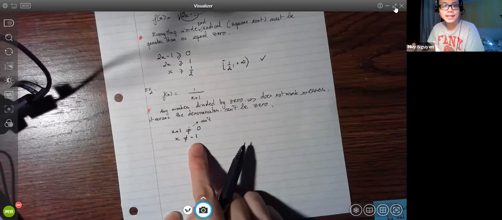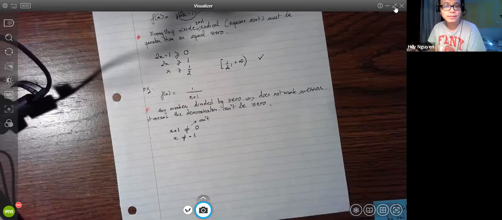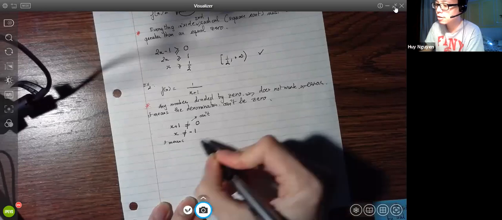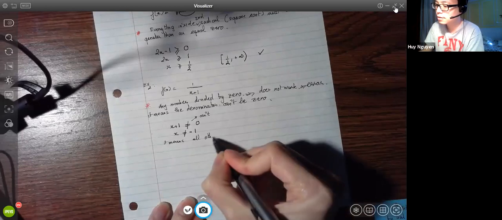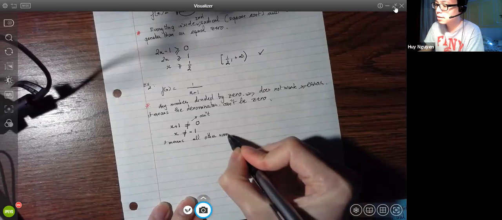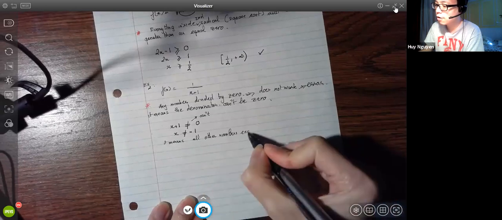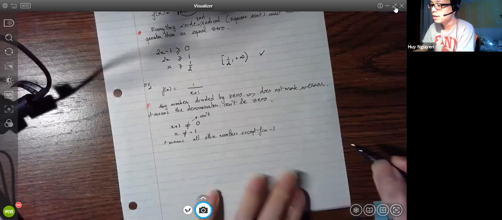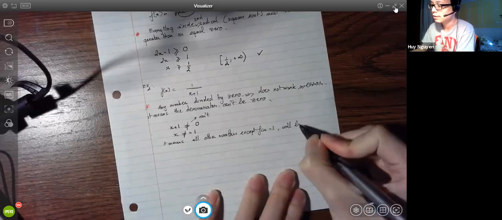And if x can't be negative 1, then all other numbers except for negative 1 will be the domain.